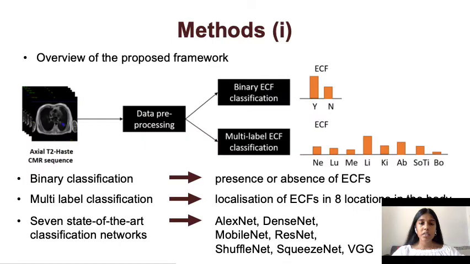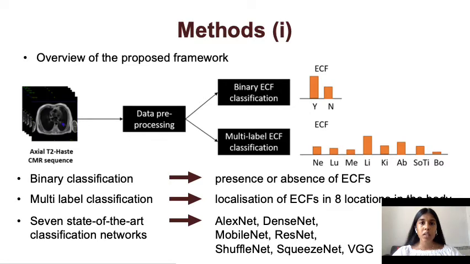Here, an overview of the employed framework can be seen. The first step was to convert the A.I.L sequence images from DICOM format to Nifty arrays. Secondly, a pre-processing step was carried out to convert the data before feeding it to the networks. The main task was then divided into two subtasks, which were framed as a binary classification problem and a multi-label classification problem.